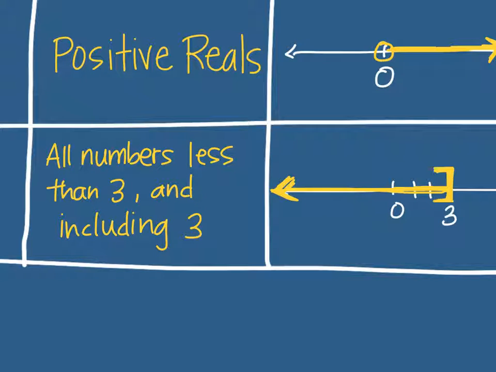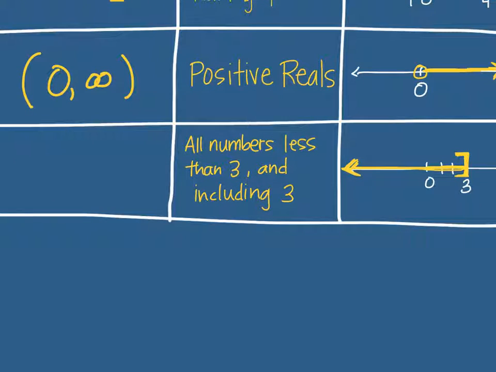So when we write that in interval notation, 3 is the ending number because that's where the interval ends. And we put a hard bracket just like was drawn on the number line. What's the beginning number? What kind of infinity? Negative infinity. And you have to specify that it's negative.